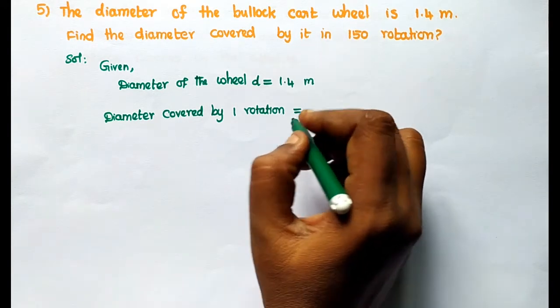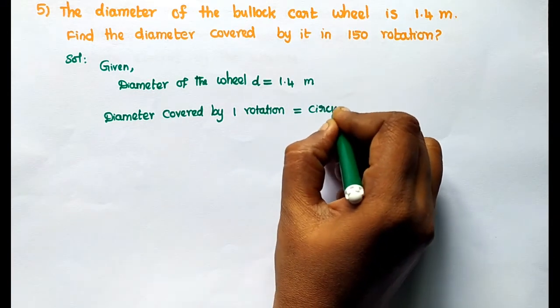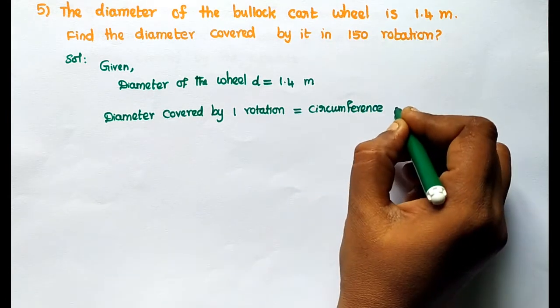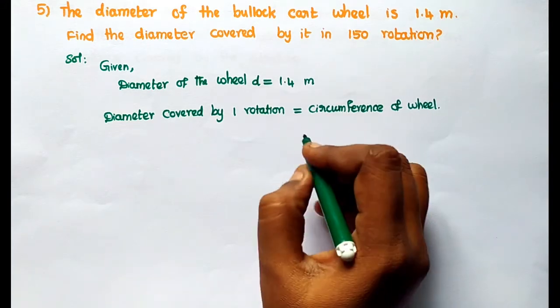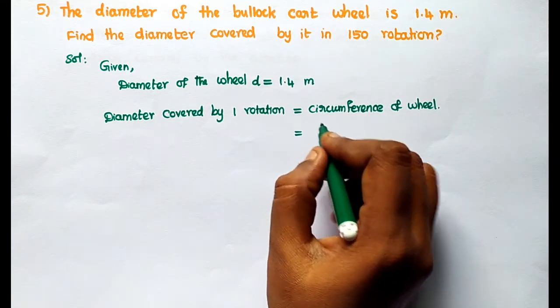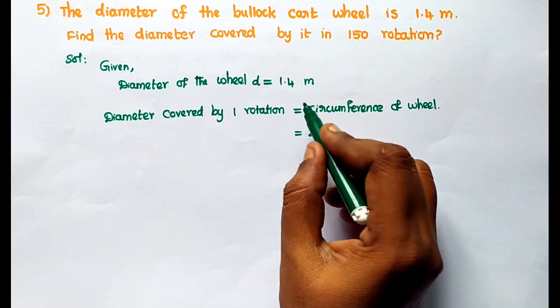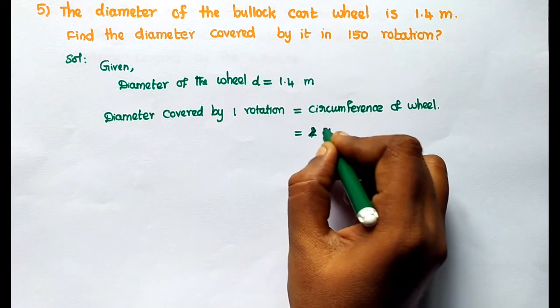It is a circumference, right? Circumference of the wheel. What is circumference? When diameter is given, circumference is pi d.